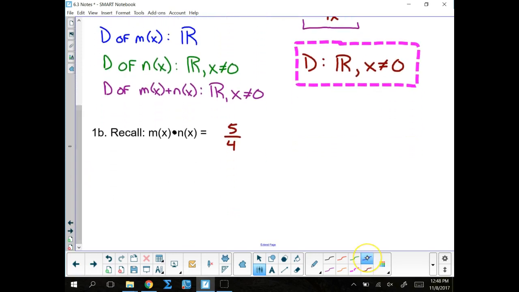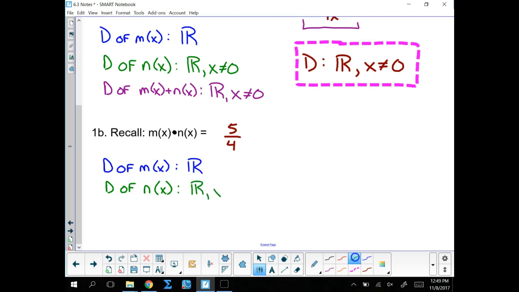So the domain of m is still all real numbers. That hasn't changed because my function hasn't changed. I didn't magically change my function in between these two examples. The domain of n still hasn't changed.